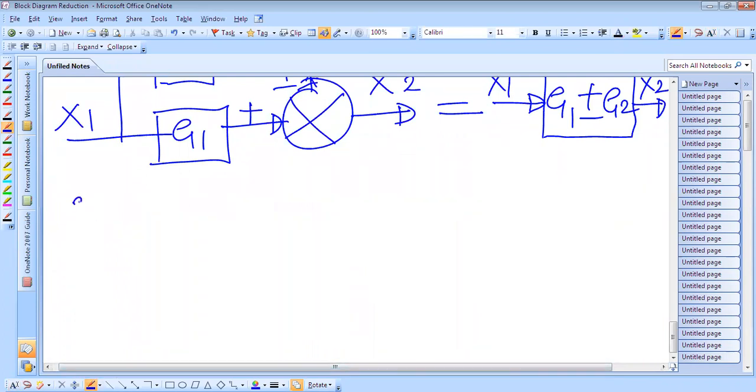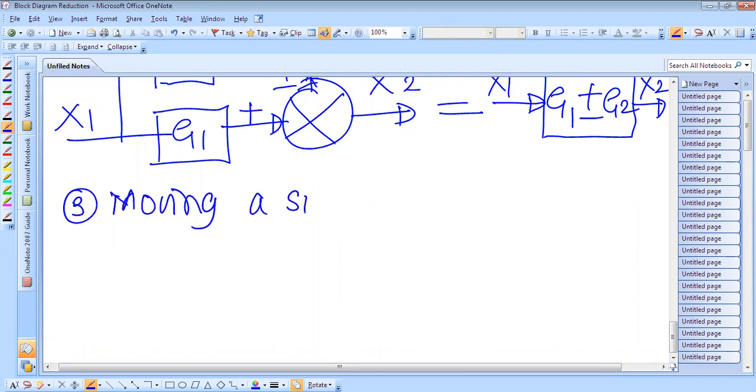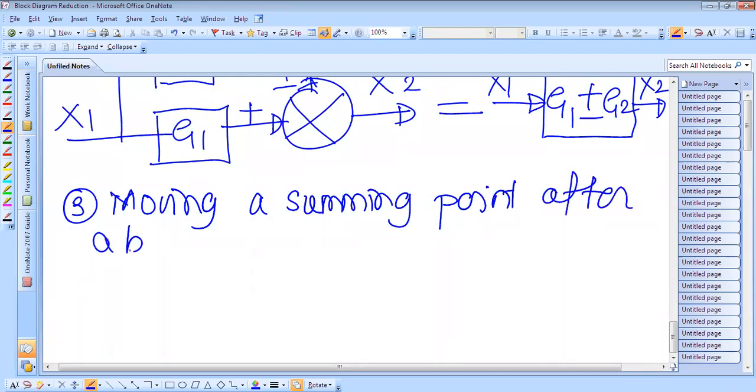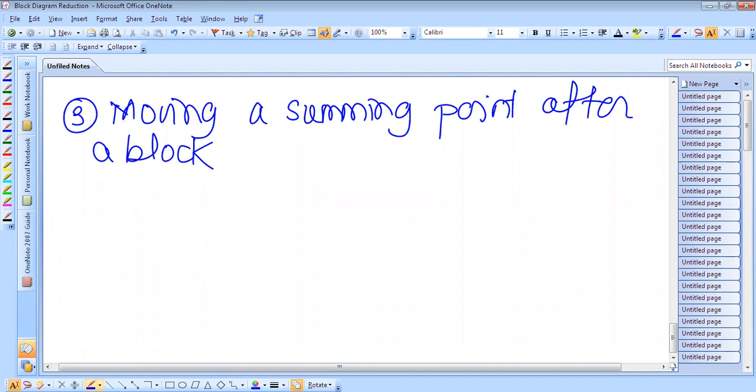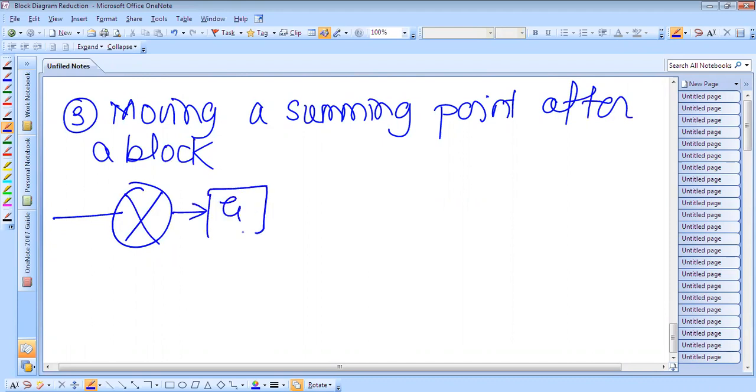Now the third rule, moving a summing point after a block. Suppose this is the summing point, and this is the block having the gain G, and this is the feedback loop.